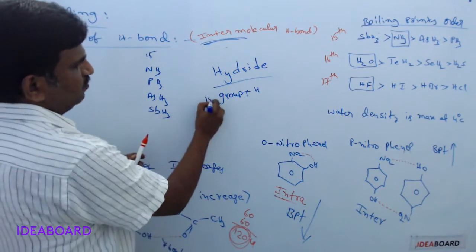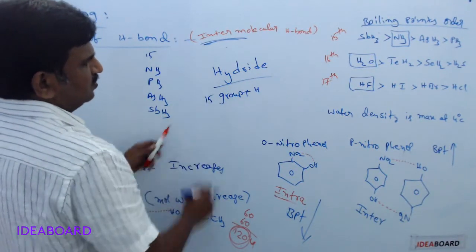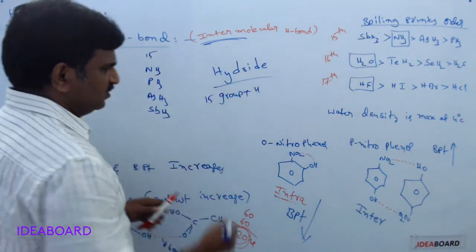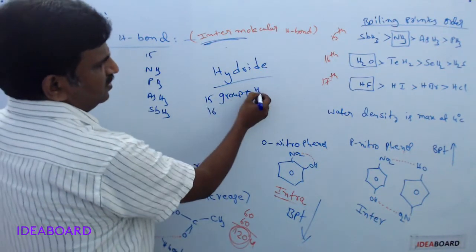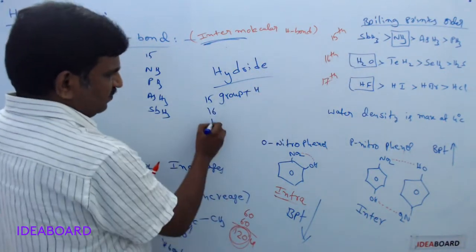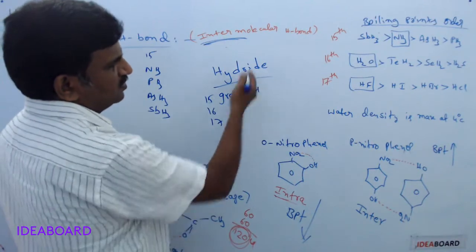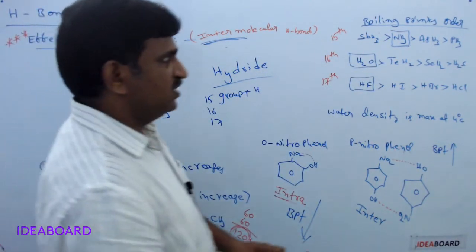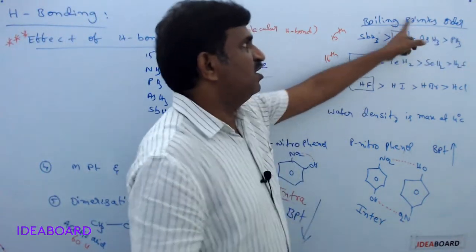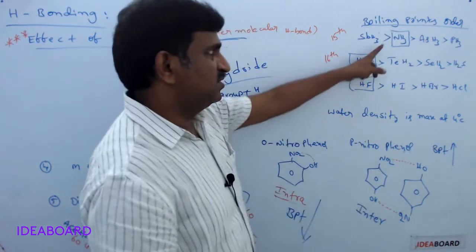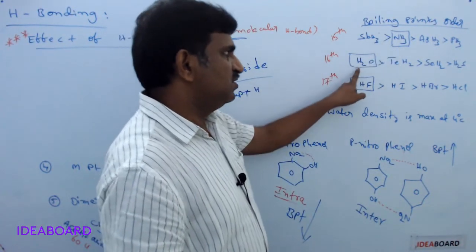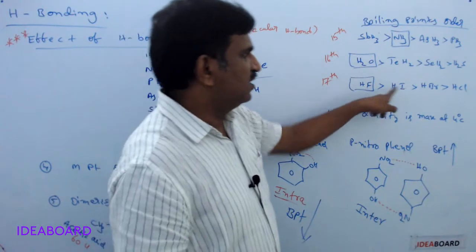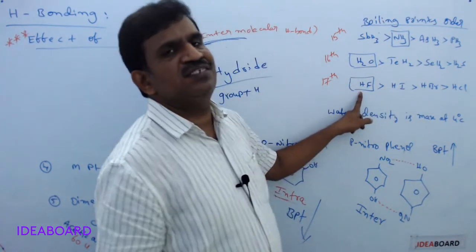So suppose 15th group element plus hydrogen, that is called 15th group hydrides. 16th group element plus hydrogen, 16th group hydrides. 17th group element plus hydrogen, 17th group hydrides. Okay, in the hydrides' boiling point order, in this NH3 has the highest, in this H2O has the highest, and in this HF has the highest value.